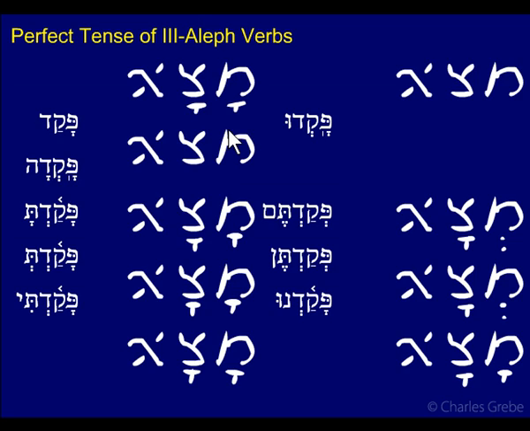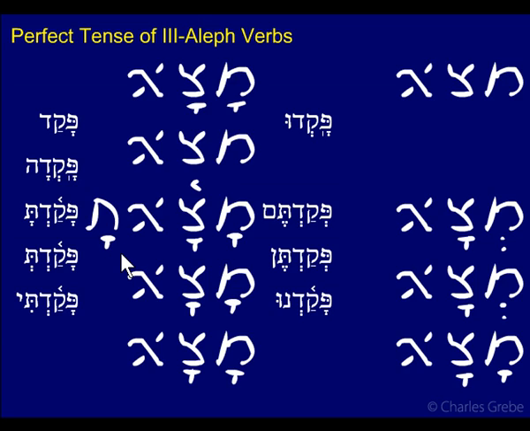Now let's do our endings. Well, the first one here has no ending, so that's no problem. I'll skip this for a moment. So we have pakadta becomes matza. Guess it may as well be consistent here. Matza, and then we have ta.